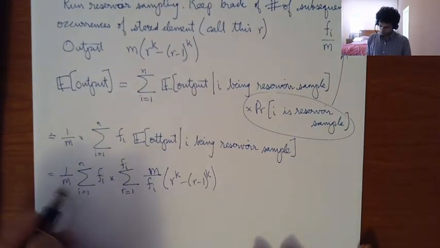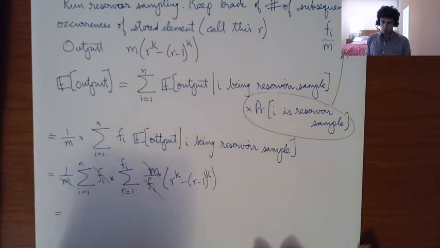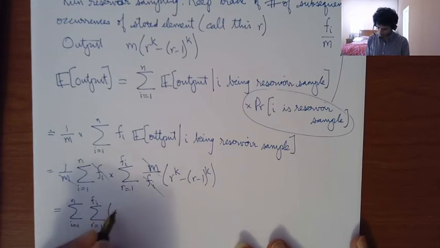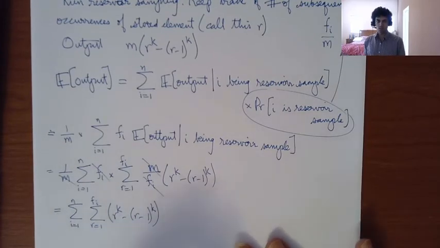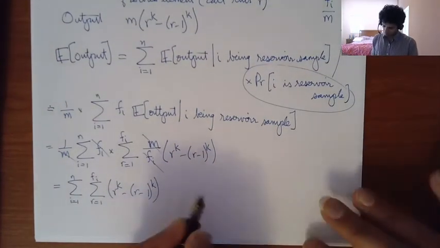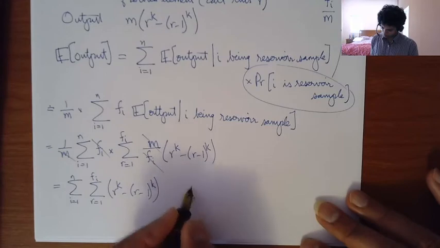Now, of course, these things all cancel out. So I have I going from 1 to n, summation of R going from 1 to f of I of R to the k minus R minus 1 to the k. But this is a telescoping sum, right? So if we write this out, what do you get?